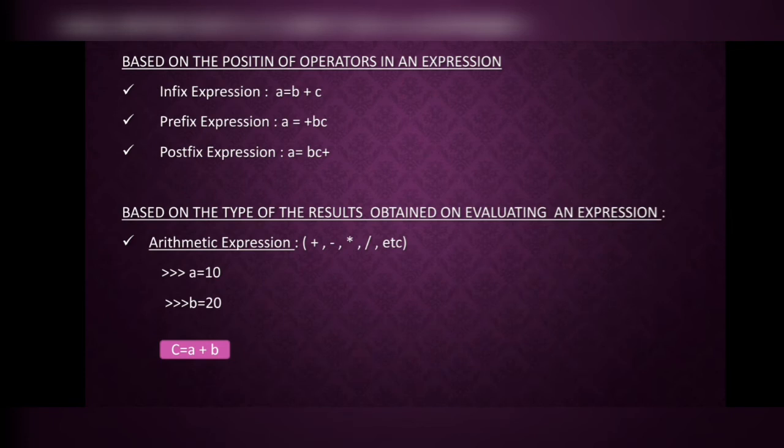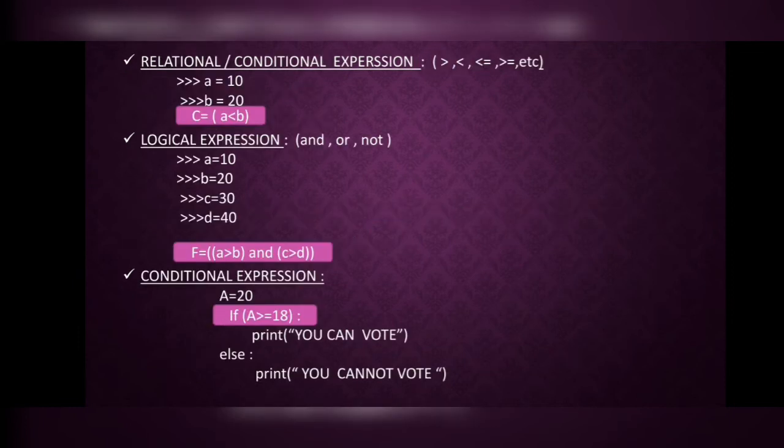Next, relational expressions. This expression compares two values using relational operators like greater than, less than, greater than or equal to, etc. Here two values 10 and 20 are compared with the relational operator and the result is stored into c. Next, logical expressions.